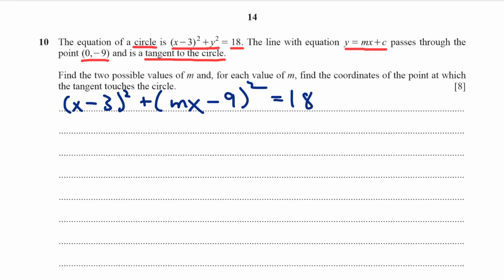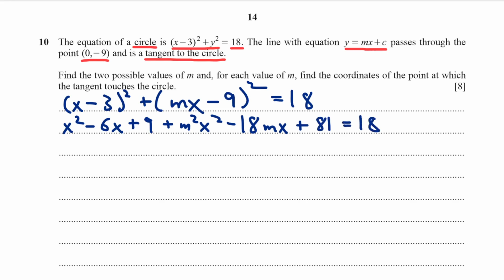So first we need to expand this, and this would be x² − 6x + 9, because −3 squared is positive 9, and we have plus, make sure to square the m as well, m²x² − 18mx, because it's 2 times −9 times m times x, and we have positive 81 equals 18.